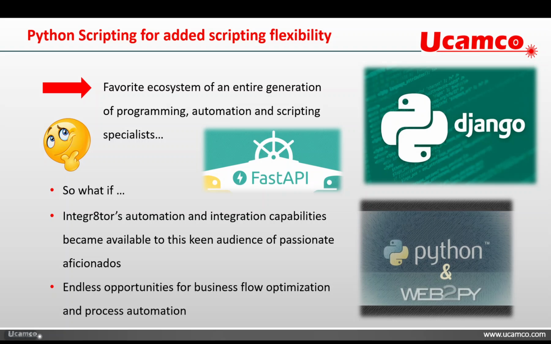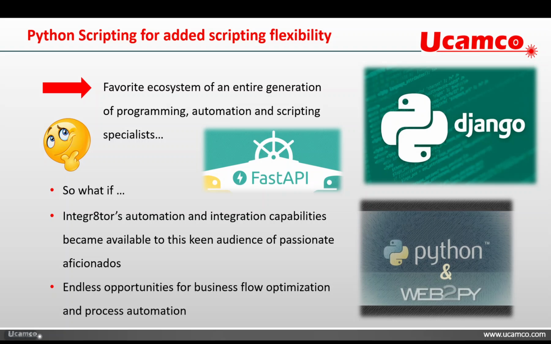Maybe images must be shared, maybe people must be informed that a job has come to a conclusion, all that sort of thing. So the post workflow automation is something that many of you, I think, have undertaken to put in place. And this is only one of Integr8tor's capabilities to do the automation.